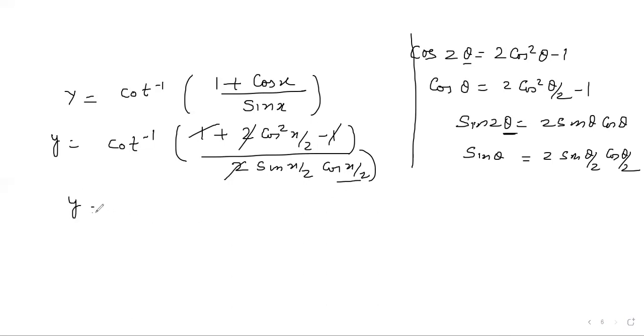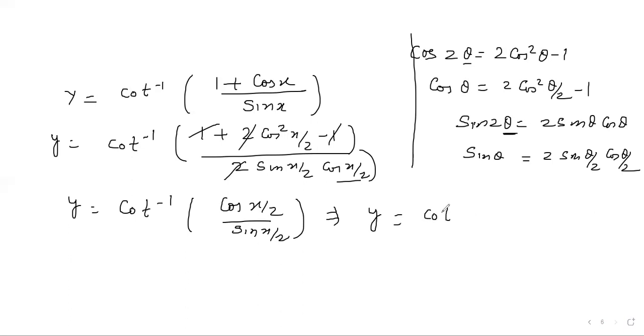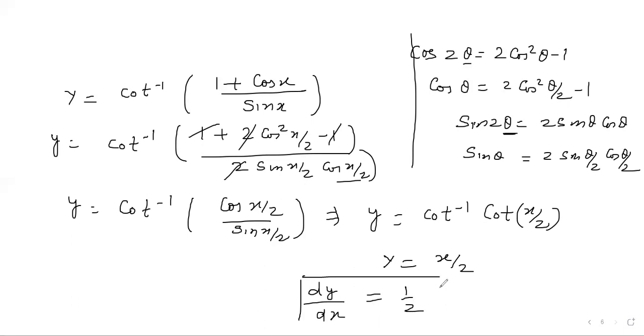So we will get cot inverse (cos (x by 2) divided by sine (x by 2)), which becomes y equal to cot inverse cot (x by 2), and that will become y equal to x by 2. Now we find dy by dx, dy by dx equal to 1 by 2, which is our answer.